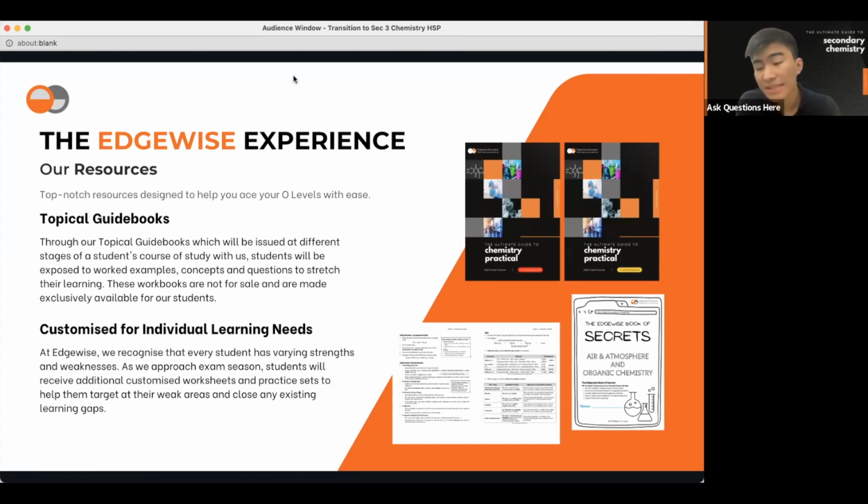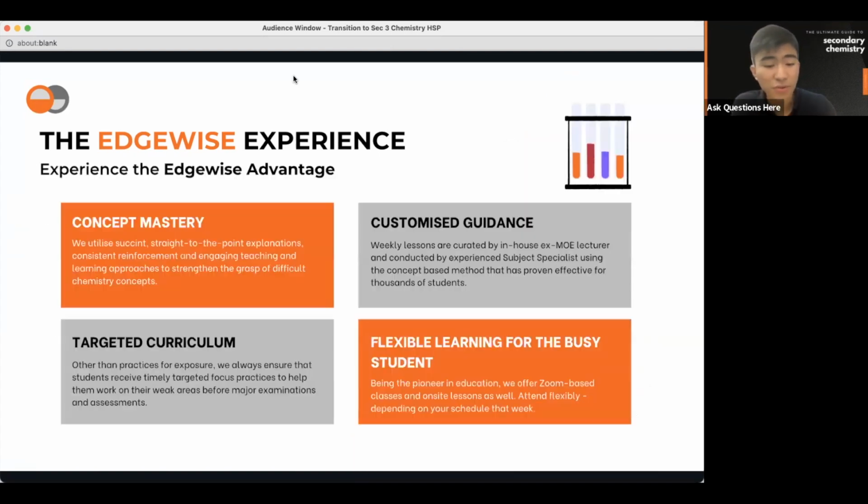If you decide that we are a good fit for you, the Edgewise experience that you have is this 4-prong approach: concept mastery, customized guidance, targeted curriculum, and flexible learning. Concept mastery, once again, means we explain things until it's crystal clear. You will realize that in school, you don't really learn things so deeply, because they simply don't have enough time.